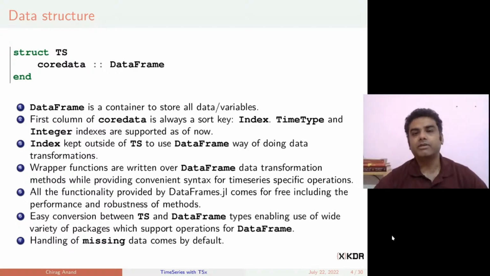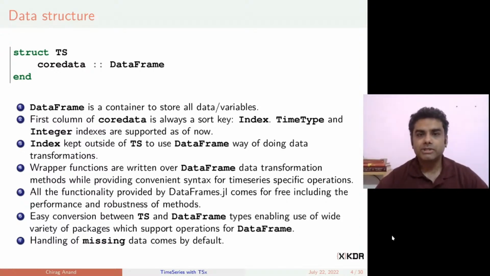After deciding to use a data frame at the core of the TS struct, we decided to keep the index of the data as the first column of the data frame itself. So during construction of the TS object, the data is sorted using the index column.